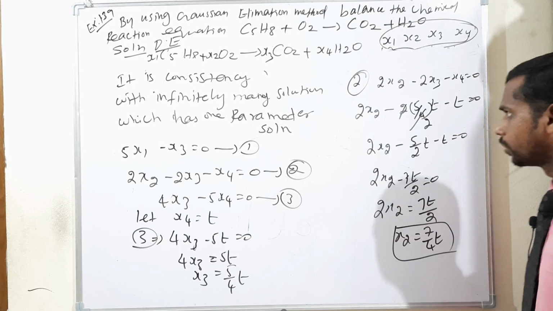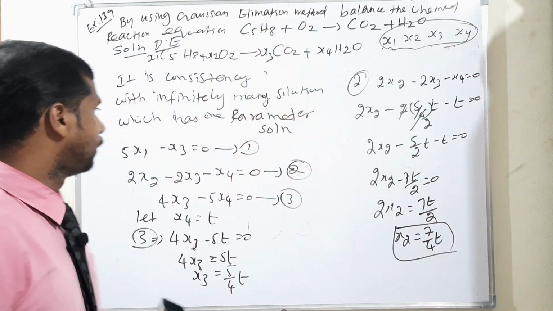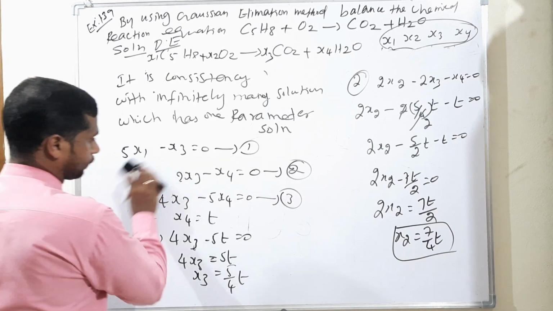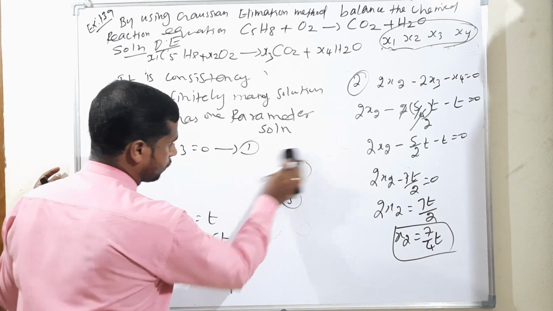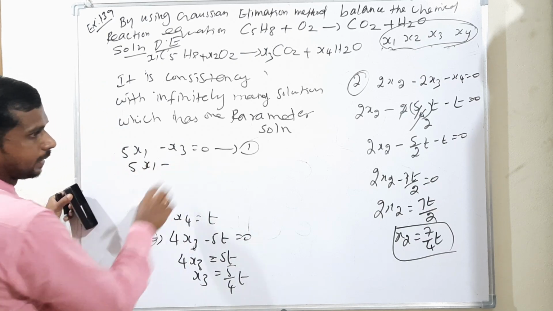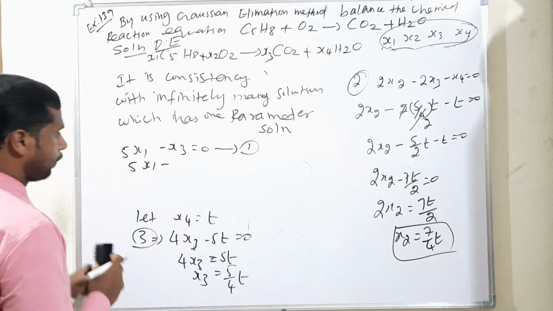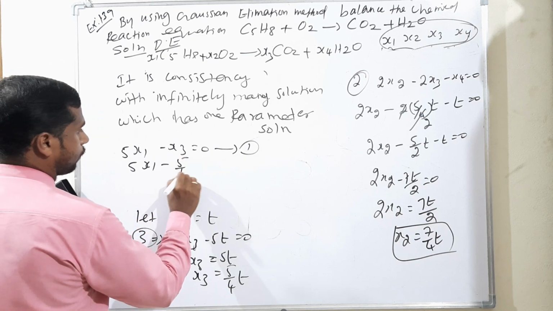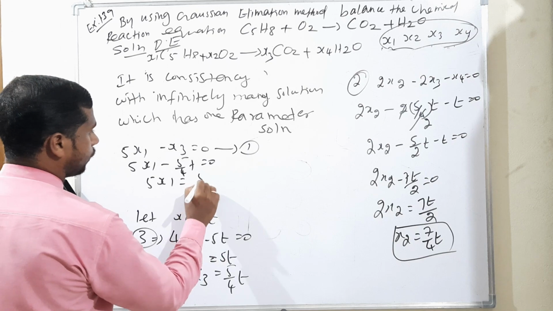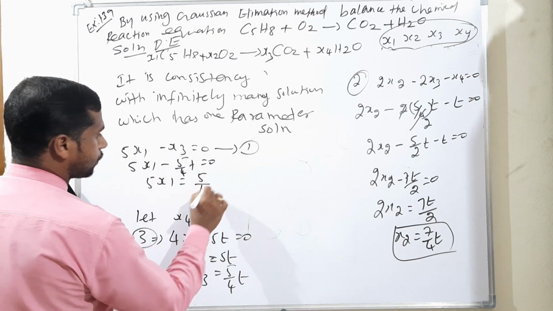So x2 is also clear. Now we need only one more term, that is the first equation. So the first equation: 5x1 minus x3 is equal to 0, already we found x3 is 5 by 4 t. Therefore 5x1 is equal to positive 5 by 4 t.